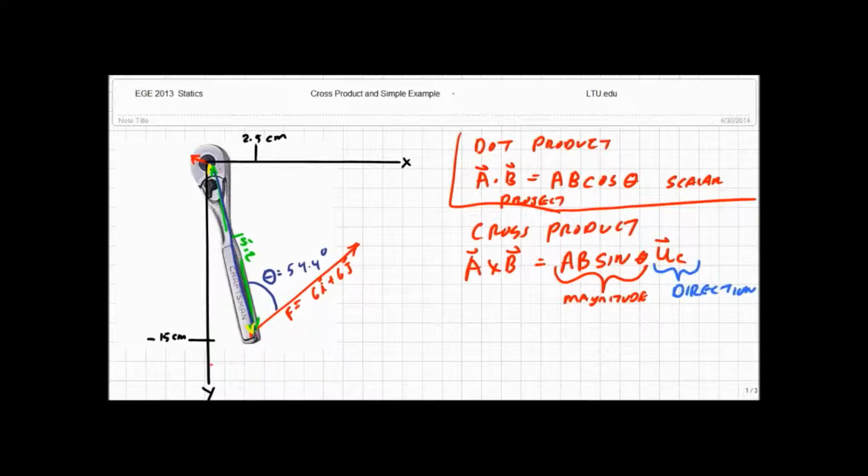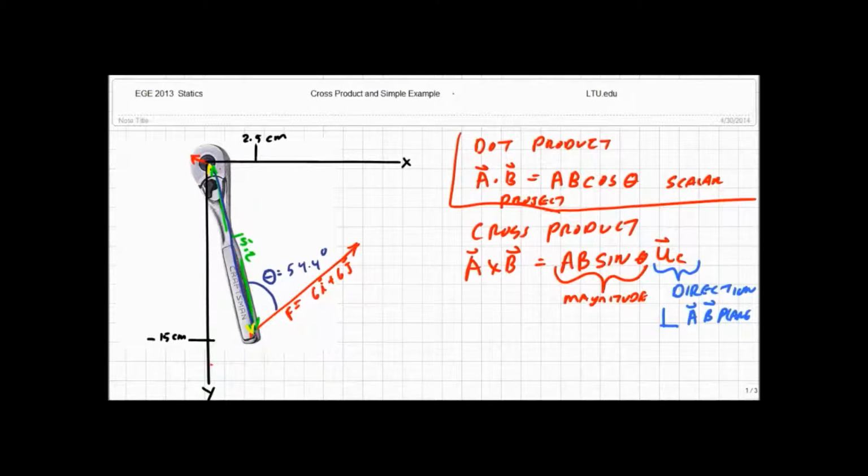So right away we see a big difference is that it's a vector instead of a scalar, and the direction vector is basically normal or perpendicular to the AB plane, and the direction of that vector, or the sign, is found by using our right-hand rule.